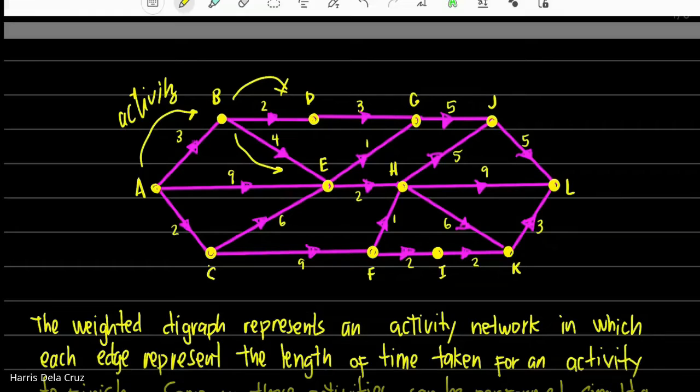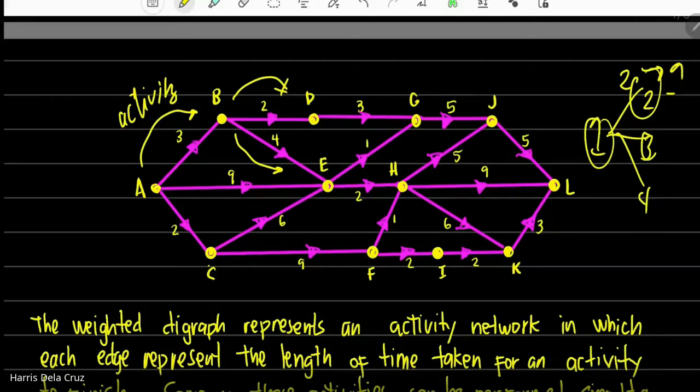Pero yung pag-label, dapat yung 1 nakaturo sa mas malaking number. So, hindi pwedeng, halimbawa, yung 2 nakaturo sa 1. Kumbaga, inaayos nila yung set of activities na 1. So, tuturo siya sa 2, tuturo to sa 3, sa 4. Yan. So, those are possible labeling.